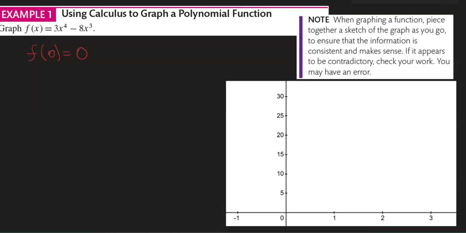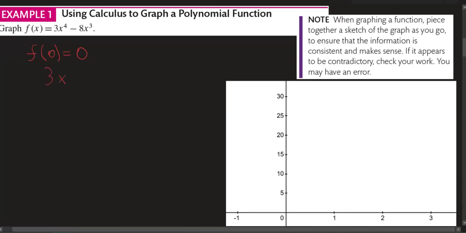Then you find the x-intercept by setting the function equal to 0. So 3x to the fourth minus 8x cubed equals 0. You can factor out an x cubed and get 3x minus 8 equals 0. So x equals 0 or x equals 8/3.